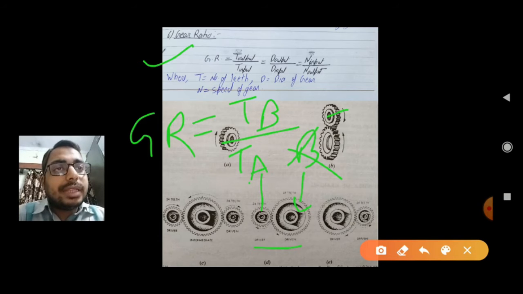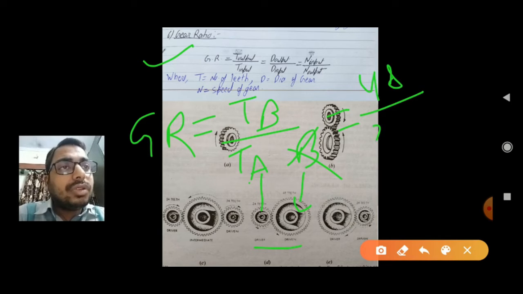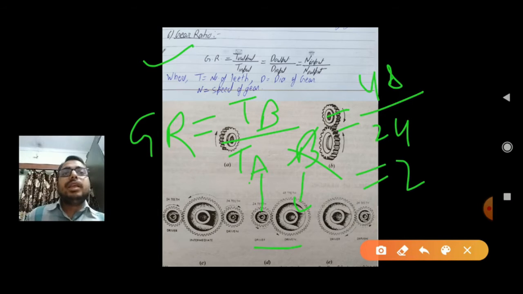Here the number of teeth in the driven gear is 48 and in the driver gear is 24, so the gear ratio is equal to 2. The gear ratio is the number of teeth in the output gear divided by the number of teeth in the input gear.